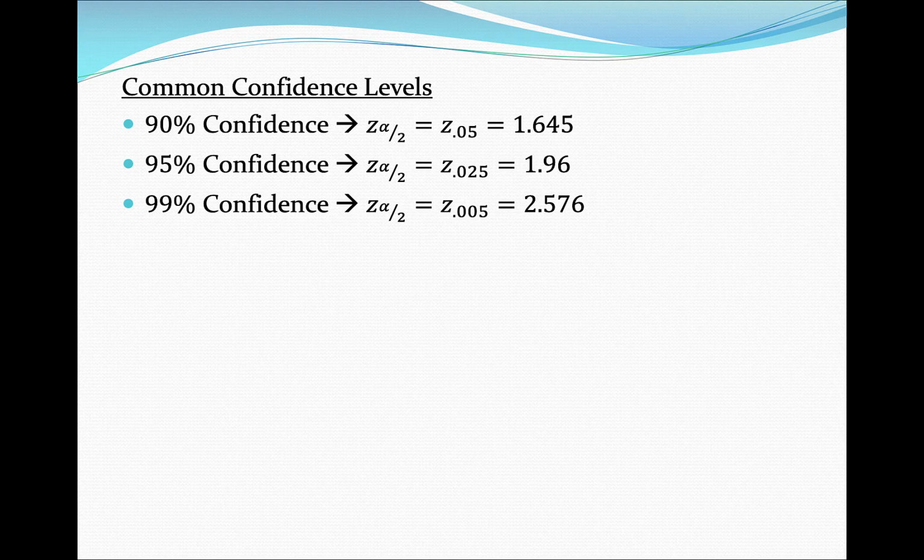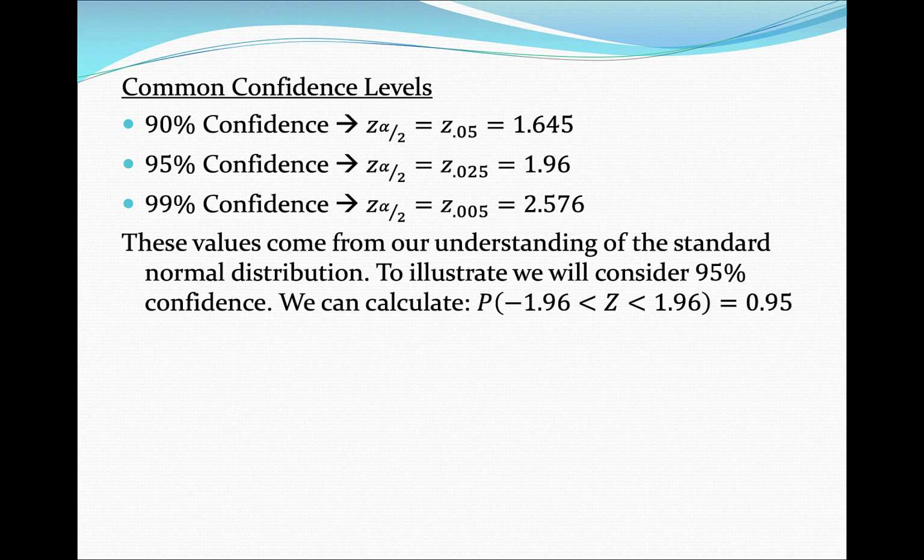So these z-values are what you would expect. They're standard normal values. And where they really come from, I'm just going to use the 95% to illustrate. But basically, if you look at a standard normal distribution, you will find that 95% of your data is within 1.96 standard deviations. So if you understand the standard normal distribution, you can see where these values come from.